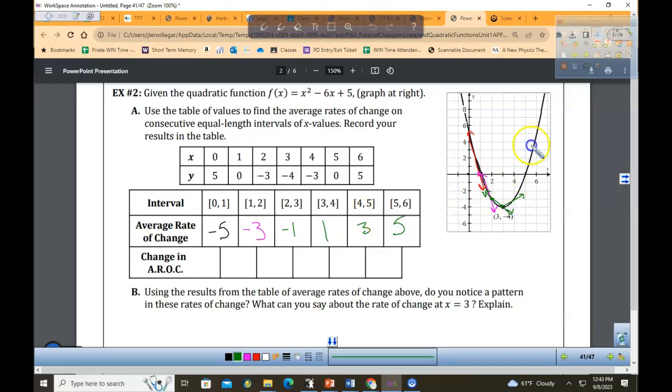So again, that's my slope on that interval, between those 2 points. But what I want you to notice, my slopes, my average rates of change aren't constant, but this went up by 2. Between these intervals, my slope went up +2 each time. So the slope of my change in slope is 2.